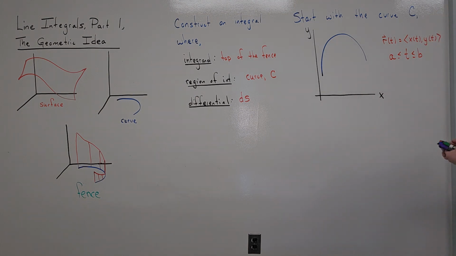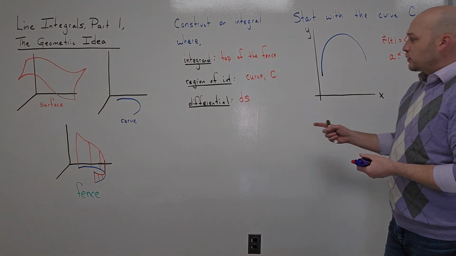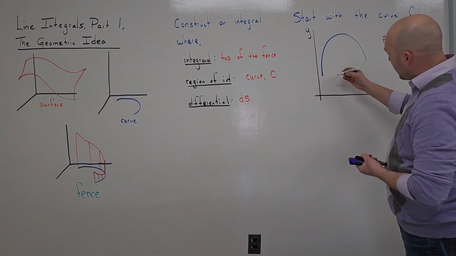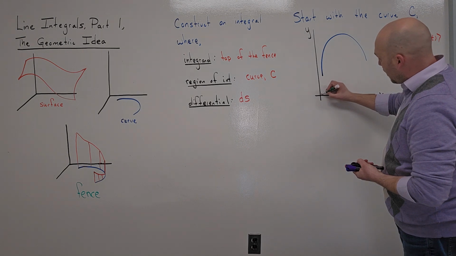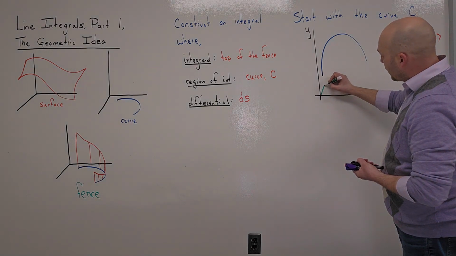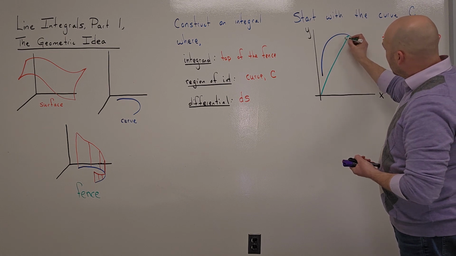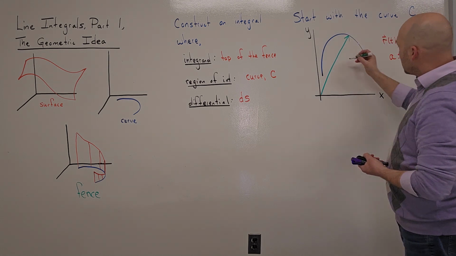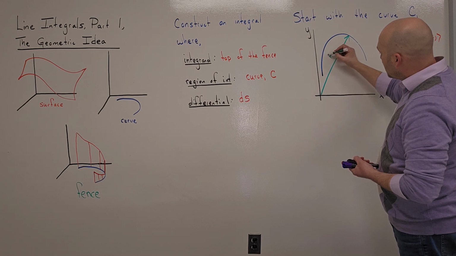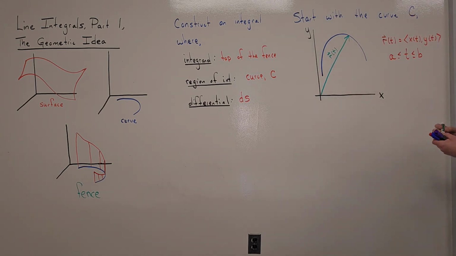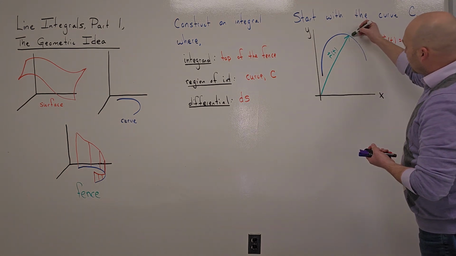Again, that's assuming that the initial point is here. Okay, so let's see if we can construct the differential of this curve. The way I'm going to do that is draw a vector r of t for an arbitrary point between a and b. So let's just call this r of t. The curve is going to continue tracing out.